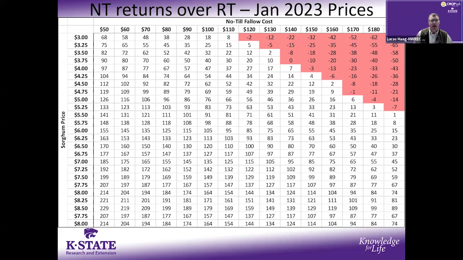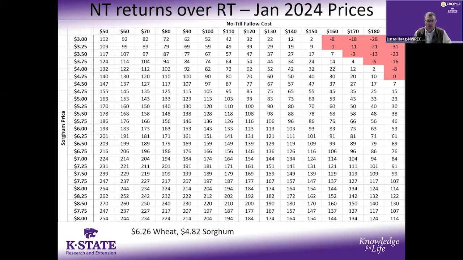And so you can kind of see there, at $4.50 sorghum, basically we had to keep our allowable fallow cost under 160 bucks an acre. That includes product and application in order for no-till to be the profitable option. You get down to $4.375 sorghum. Well, now we are back to only having about $135 in allowable fallow costs in order for no-till to remain the more profitable option.